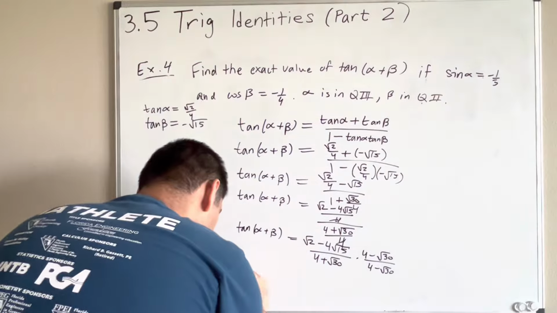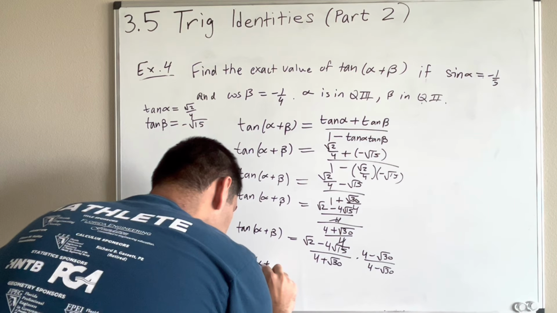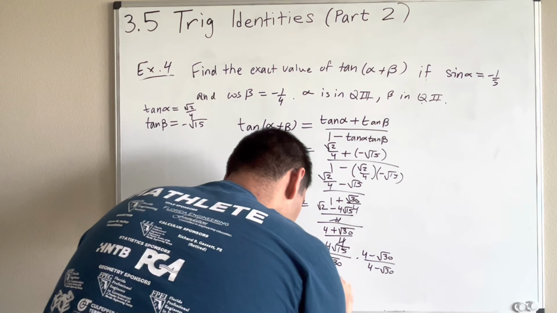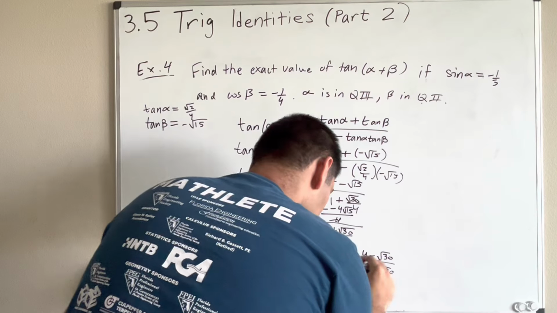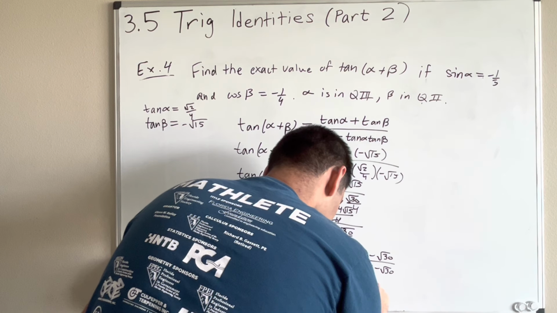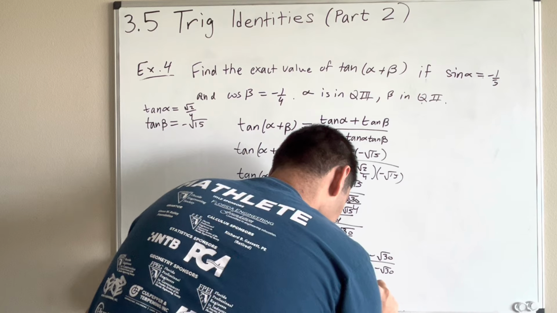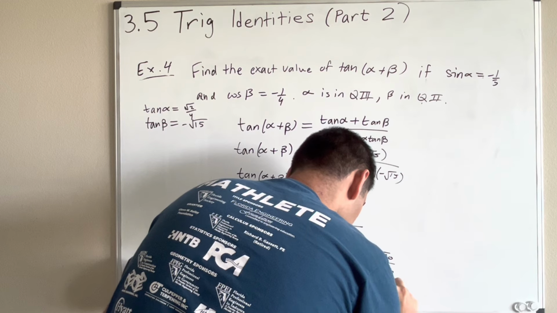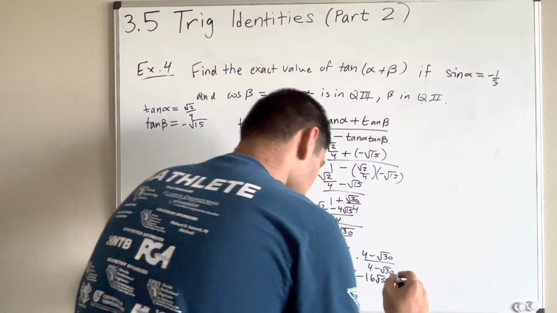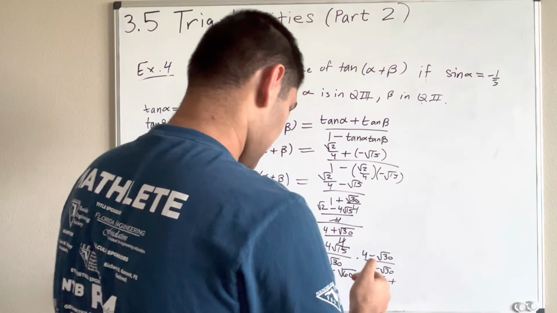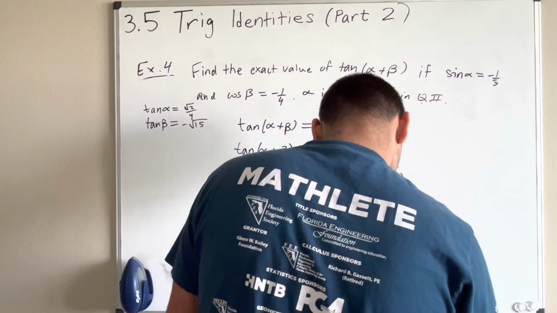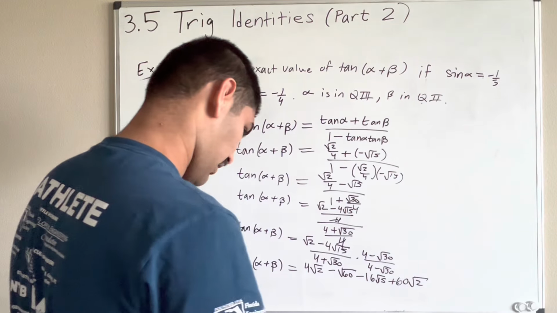Okay, this is going to be, so we have 4 square root 2 and then minus square root 60 minus 16 root 15 plus, and we can actually get a 15 out of that, so 60 root 2. I don't know if I did that correctly.